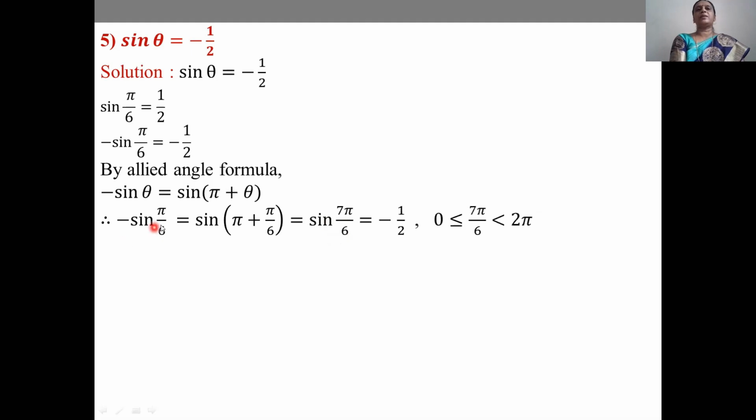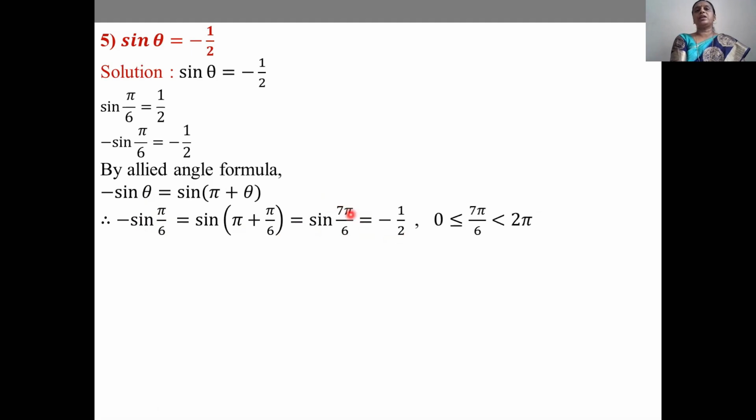Now, minus sine pi by 6 and sine 7 pi by 6 are equal. Then what is the value of minus sine pi by 6? That is minus half. Therefore, this angle 7 pi by 6 gives the value of sine theta as minus half.